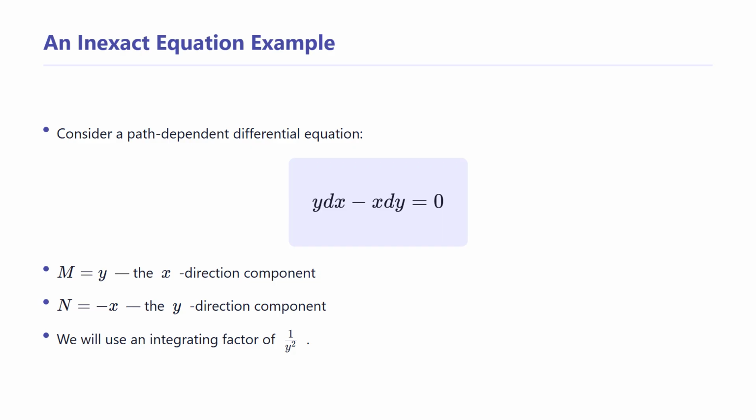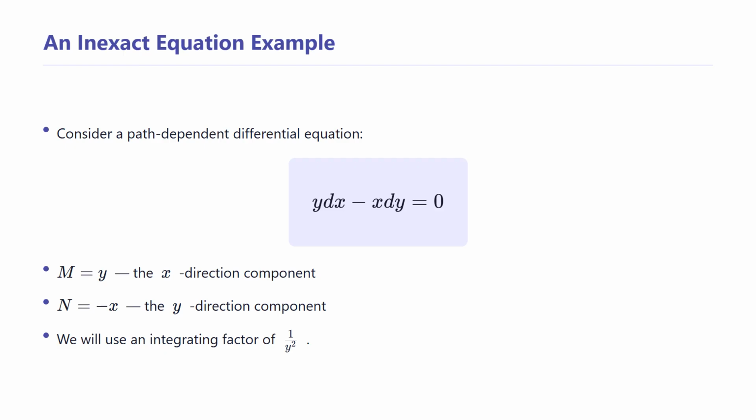Let us look at a specific inexact equation. y dx minus x dy equals 0. Here, our M function is simply y, and our N function is negative x. As we will see, the slopes do not form a valid potential function as they currently are. To rescue this equation, we will use an integrating factor of 1 over y squared.